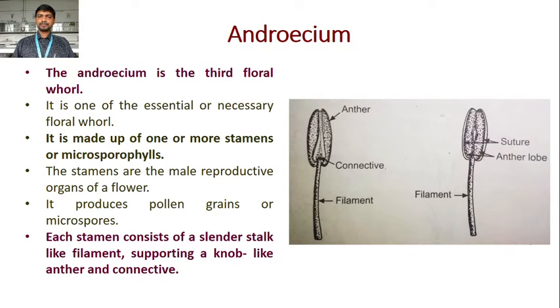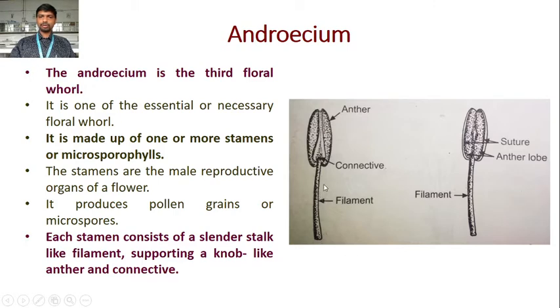In the stamen, the pollen grains or microspores are produced after meiosis, and each stamen consists of anther, filament and connective. The filament is a slender stalk of the stamen supporting a knob-like anther and connective. So this is the structure of the androecium. The individual member of the androecium is called the stamen.